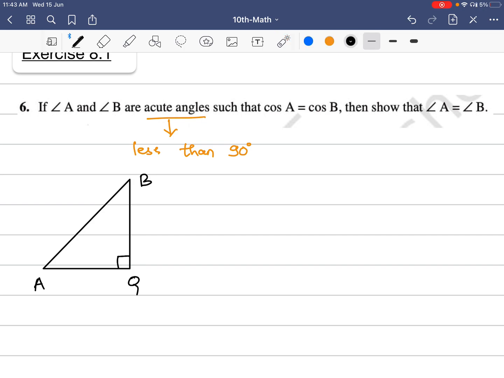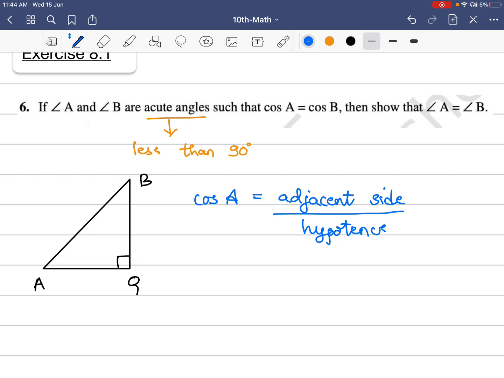So let's write down the definitions of cos A and cos B. Cos of A is equal to the adjacent side divided by the hypotenuse. And that is equal to, what is the adjacent side? AQ, divided by the hypotenuse, which is AB.